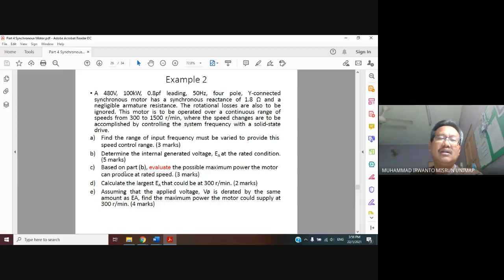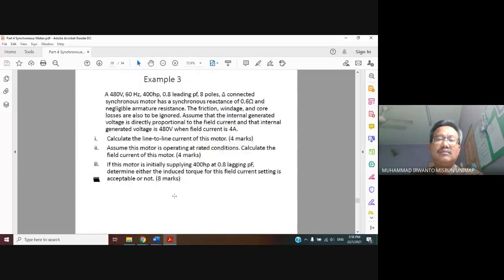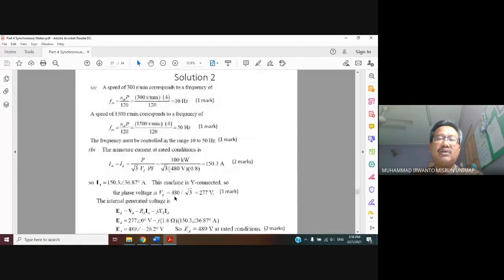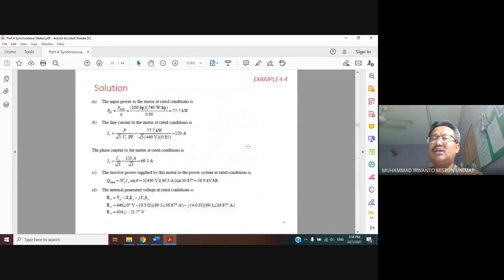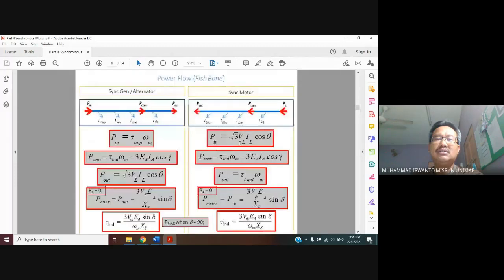Okay, and then part C: based on part B, evaluate the possible maximum power the motor can produce at the rated speed. The maximum power. Now we can revert the formulation here.